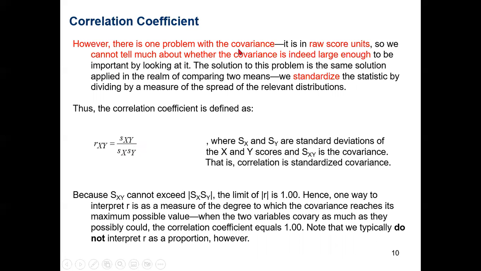There is one problem with the covariance. What is it? It is in raw score units, which means if you show covariance between people's weight and people's intelligence, and the other covariance between people's height and people's intelligence, there will be two different covariances.